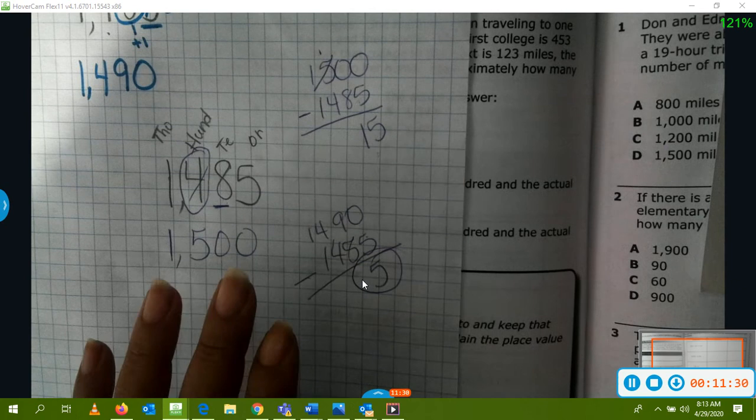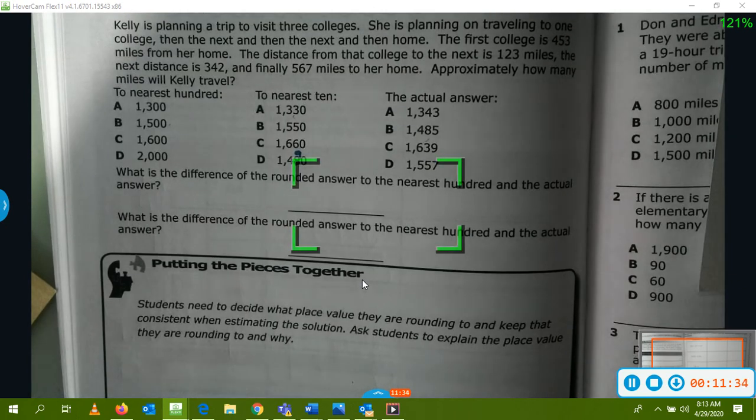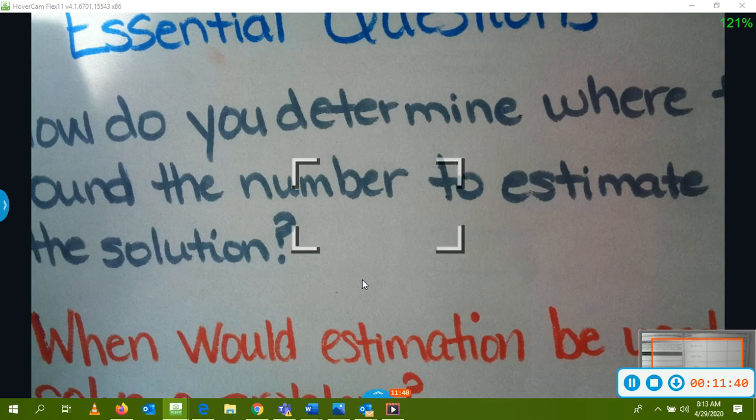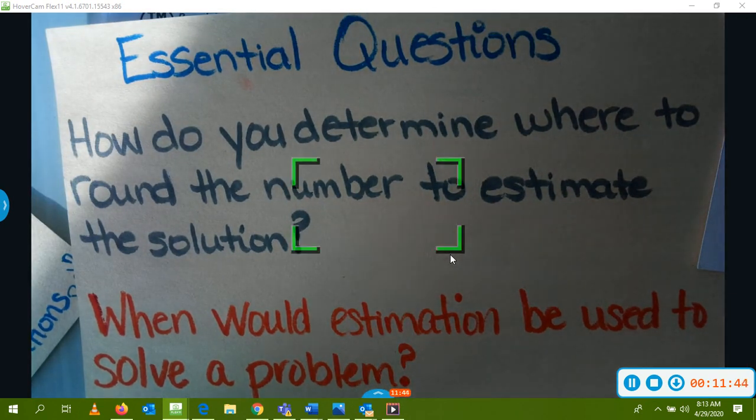Okay? Remember the essential questions I asked? Told you to remember? So how do we determine where to round the number to estimate the solution? The problem and the clues and the words in it tell us when we need to estimate the solution.